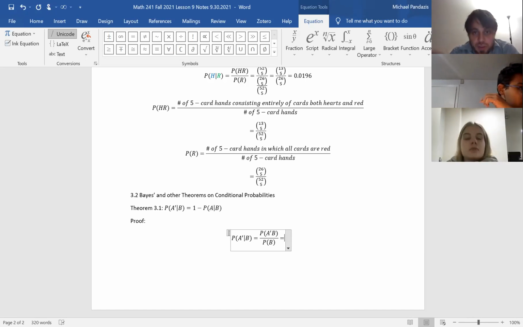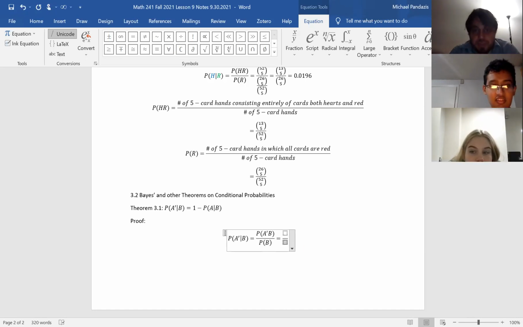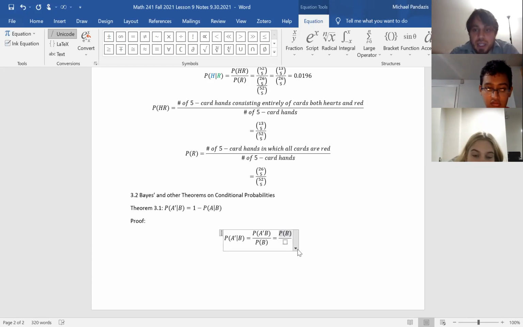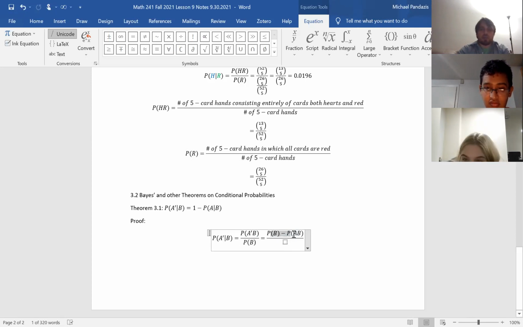And that's equal to, well, in the numerator, P of A prime B is equal to P of B minus P of AB. And so how is that true? Well, I'm going to show on the whiteboard that P of A prime B is equal to P of B minus P of AB. The denominator is still the same, it's P of B.